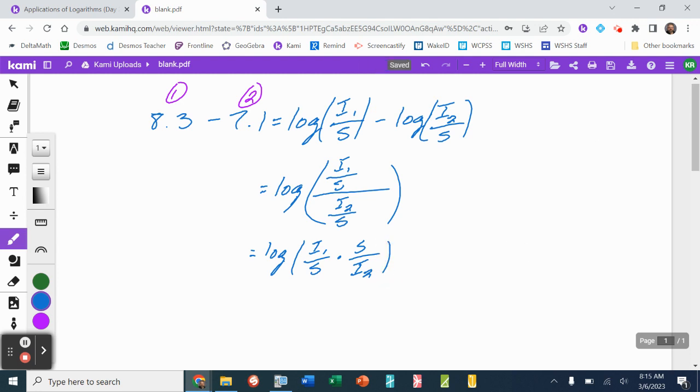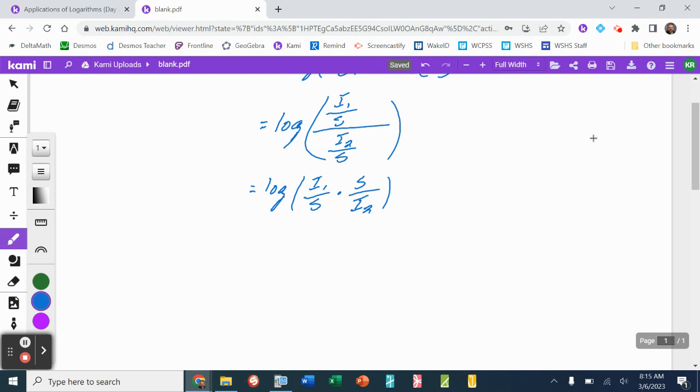Once I simplify this, the standard intensities simplify out, and I'm left with the common log of intensity 1 divided by intensity 2, which is what I want because this is comparing my two intensities.